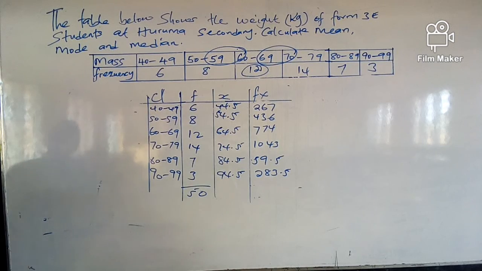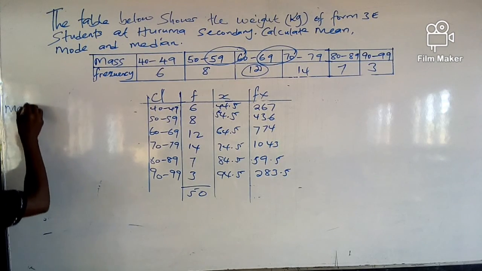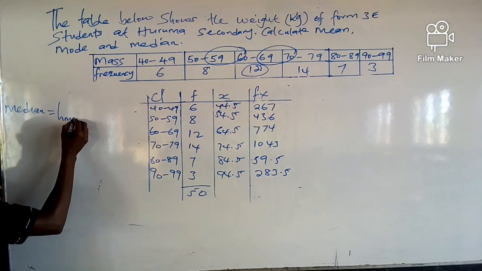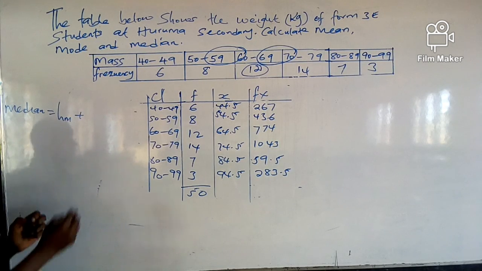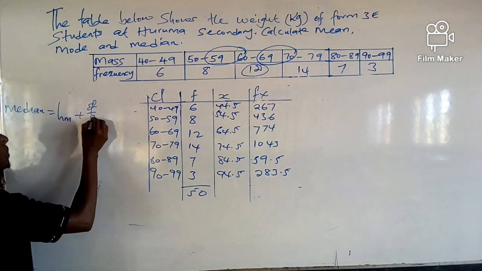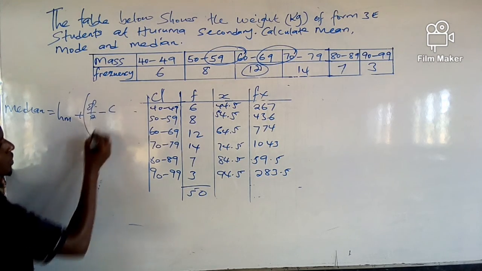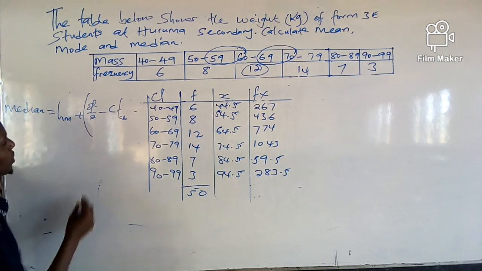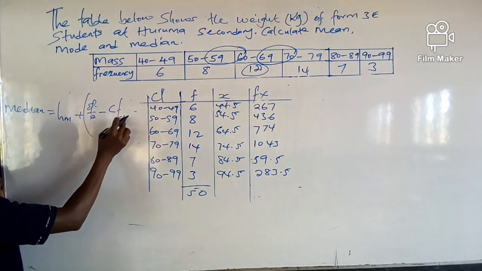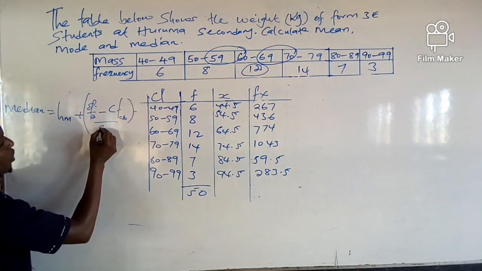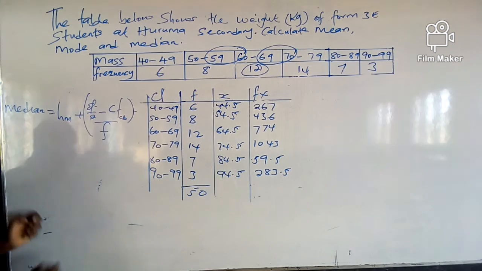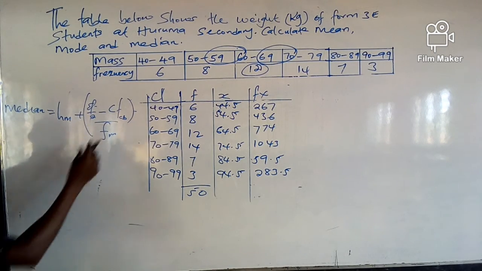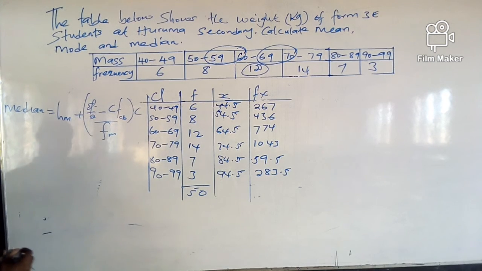Now we are going to learn how to find the median. The formula is Lm plus the summation of f divided by 2 minus the cumulative frequency before the median class, divided by the frequency of the median class, all multiplied by C. C is the class width.